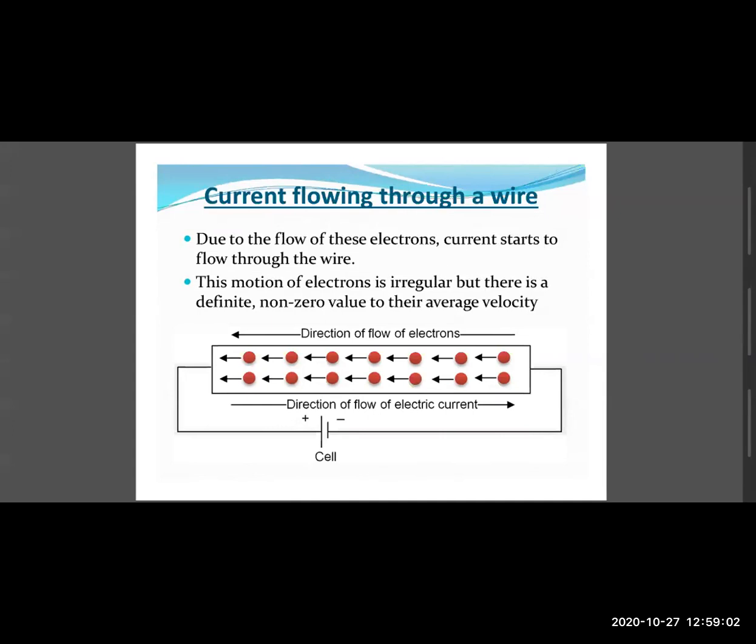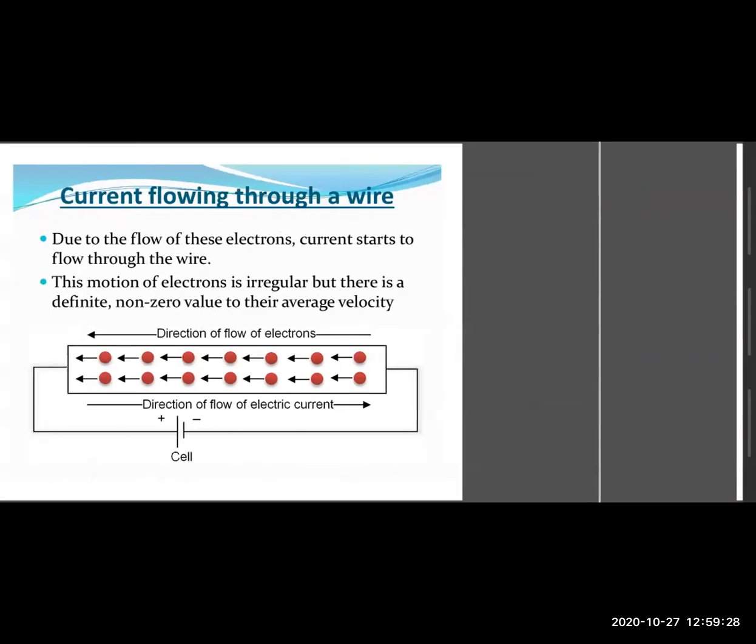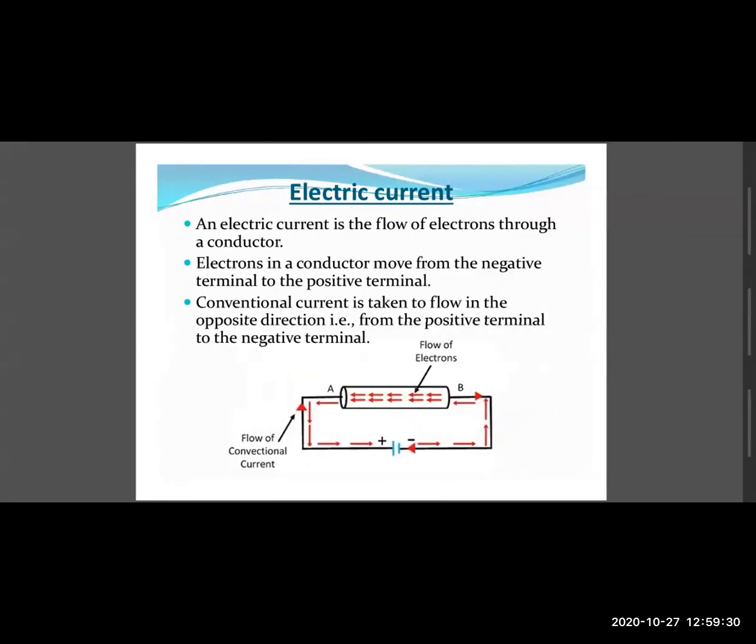In the early 19th century, when the electron was discovered, they realized that a negatively charged particle is exactly what is moving, and thereby came the concept of electronic current. That is why these two are in opposite directions, and you need to remember that. Conventional current always flows from positive terminal to negative terminal, and the electronic current, or the electrons, flow from the negative terminal to the positive terminal. That is the concept we had discussed in detail.